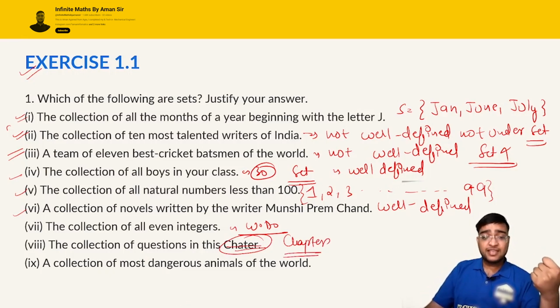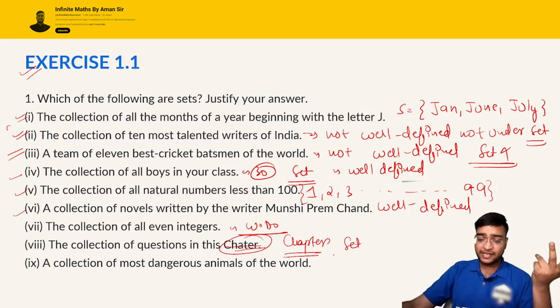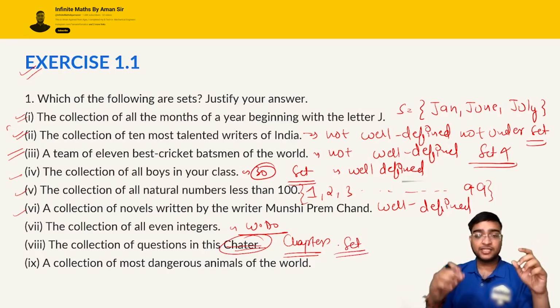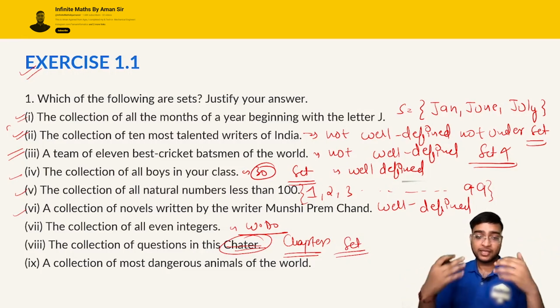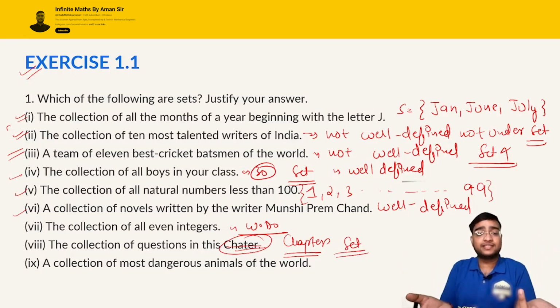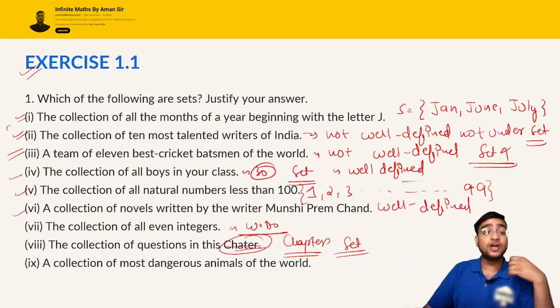Here 'chatter' is a typo, guys, it is 'chapter'. So if I say the definite questions, this is also a set. If I give a sheet to you for explaining this, and you say the sheet has 10 questions, I can also say 10 questions. That is not different from my side and your side, so this is also well defined.